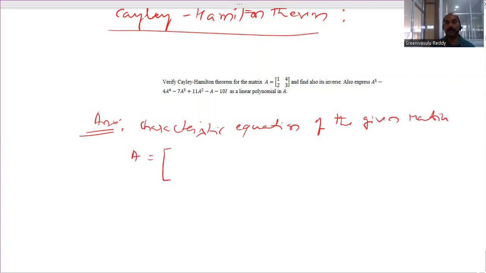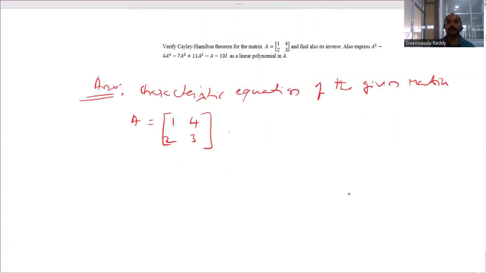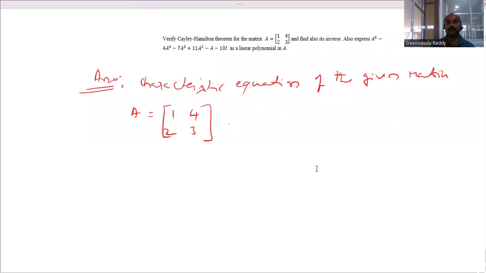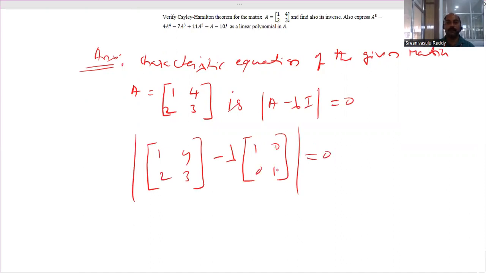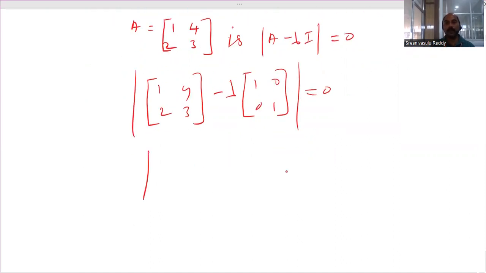A equal to the given matrix. The A value is 1, 4, 2, 3. The characteristic equation is det of A minus lambda I equal to 0. Substitute the A value 1, 4, 2, 3 minus lambda times I, lambda we don't know, it is an arbitrary quantity, whose det equal to 0. 1 minus lambda, 4, 2, 3 minus lambda equal to 0.